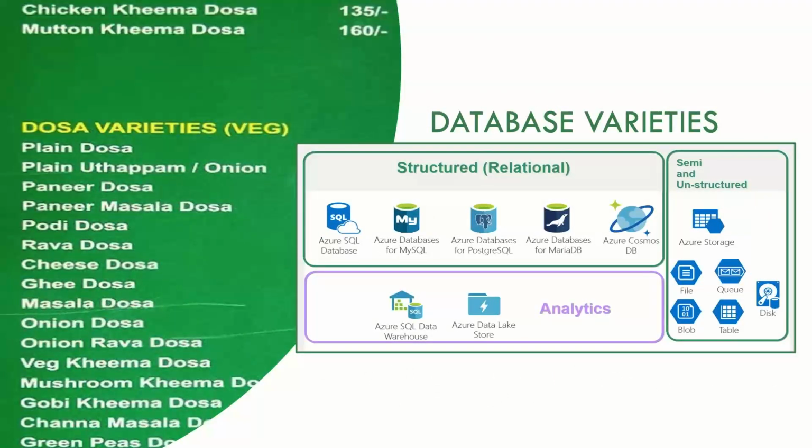When we go to a hotel and see a variety of tiffin items, we think, okay, let's have dosa. Even in dosa, there will be a lot of varieties, right? The base thing will be the same, the same batter. But on top of that batter, if we add cheese, it becomes cheese dosa. If we add onion, it becomes onion dosa, right?